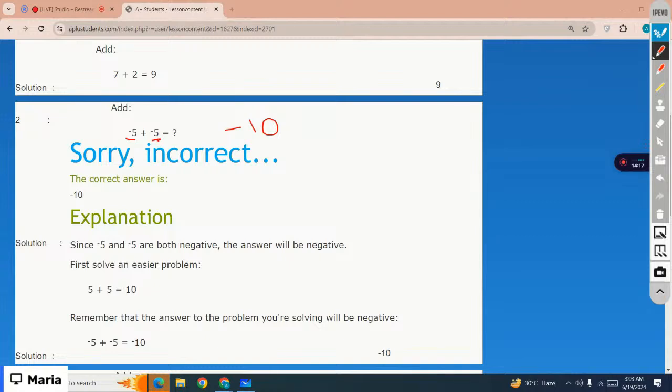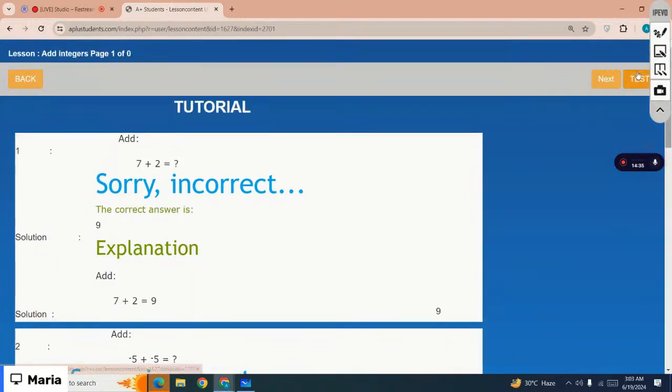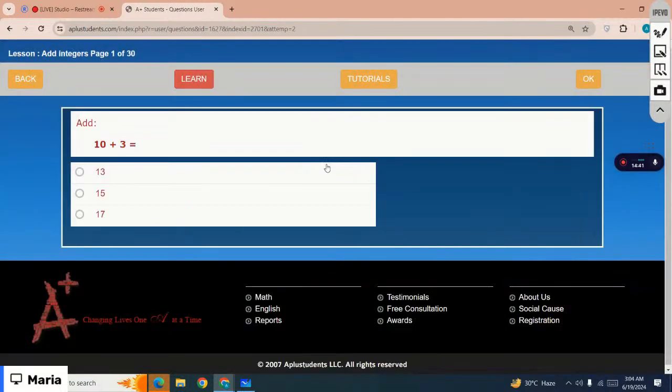There are some rules that you have to apply when adding, subtracting, multiplying, or dividing integers. In this lesson, we're going to learn which rules we apply when adding integers. Let's start with the practice questions, test questions. 10 plus 3.